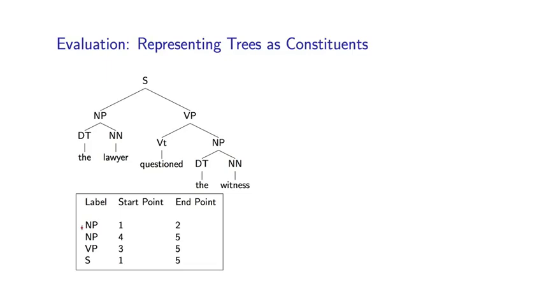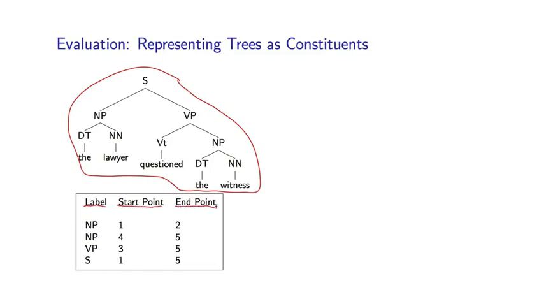So the key insight is that if we take some parse tree, for example the tree here, we can represent this as a set of constituents where each constituent consists of a label, a start point, and an end point.